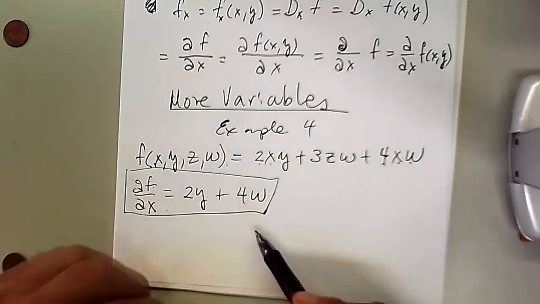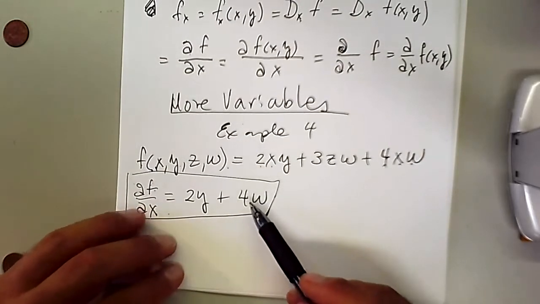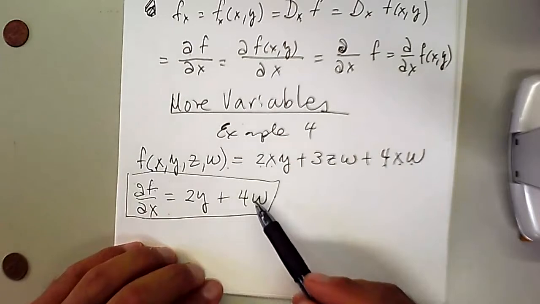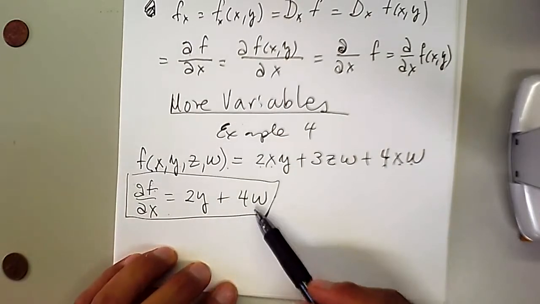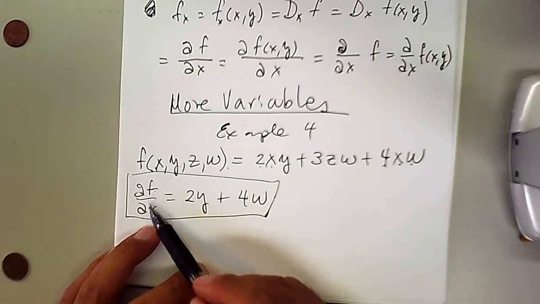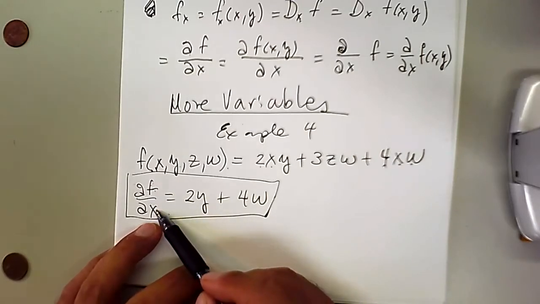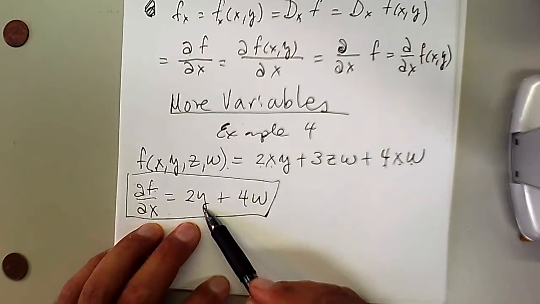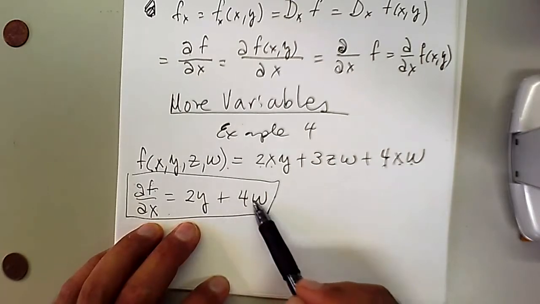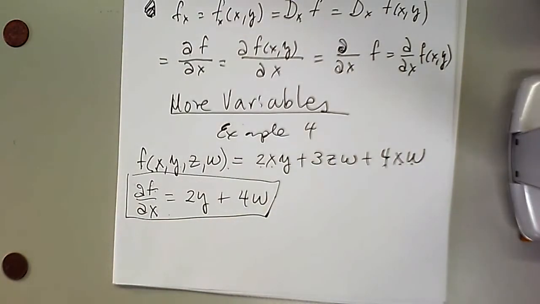Try to understand a little bit of what the equation means. Again, the derivative of the output going in the x direction is related to y and w, not x, not z.